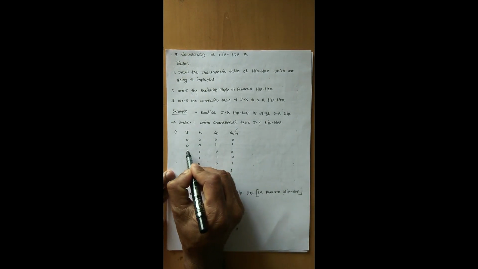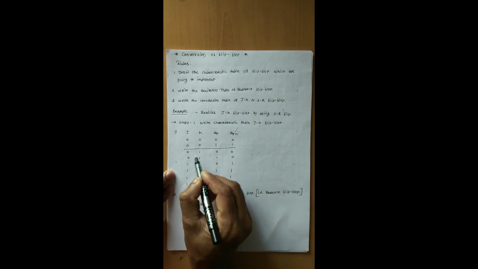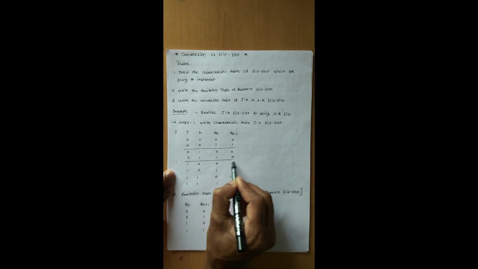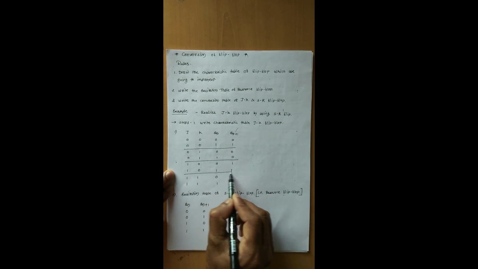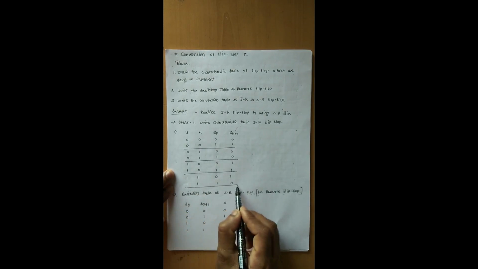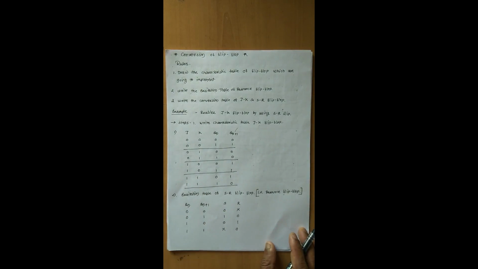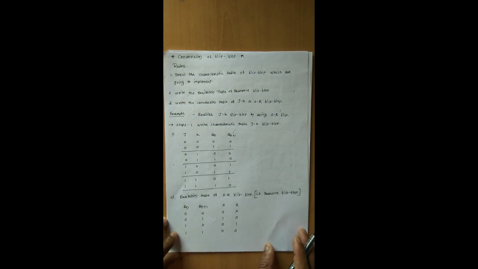This is the no change condition, this is called the reset condition, this is called the set condition, and this is called the toggling condition of the JK flip-flop. Then the excitation table: for 0 0 we have 0 X, 0 1 gives 1 X, 1 0 gives X 1, and for 1 1 it is X 0.